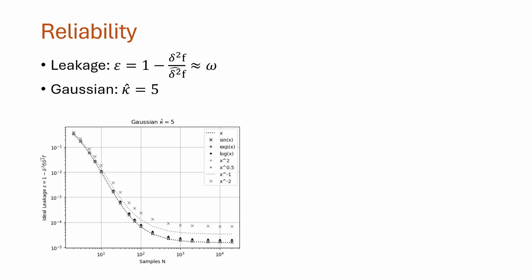If we replace the function with 1 over x or 1 over x squared, the approximation is not that good. But anyway, we see that with the increase of sample count, the leakage reduces, right?